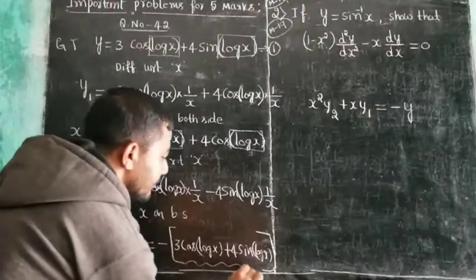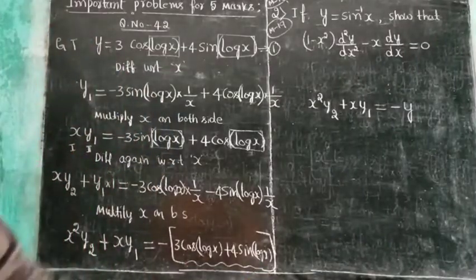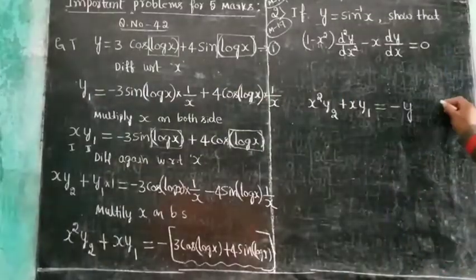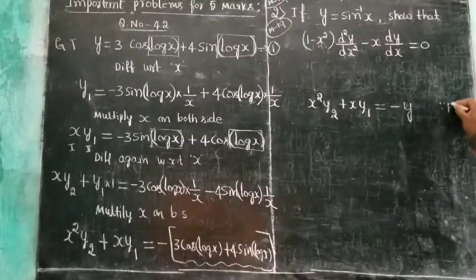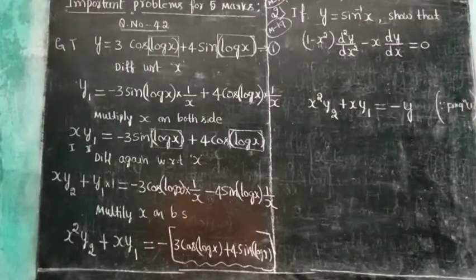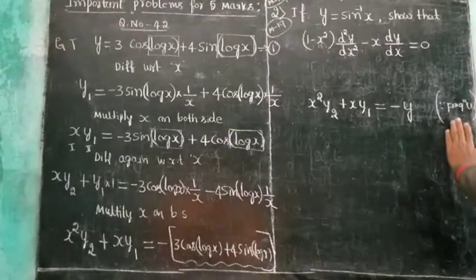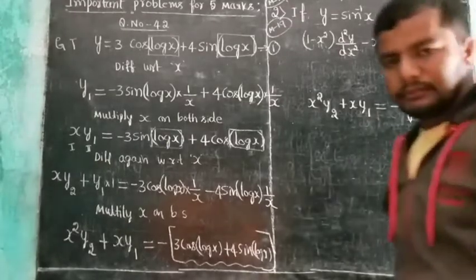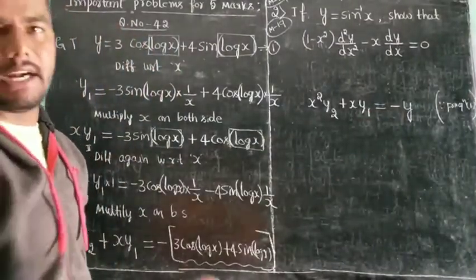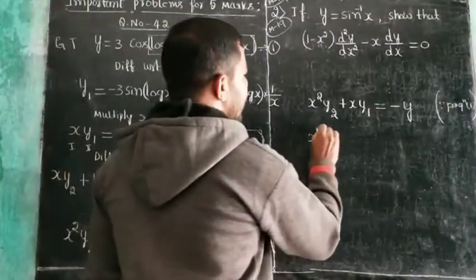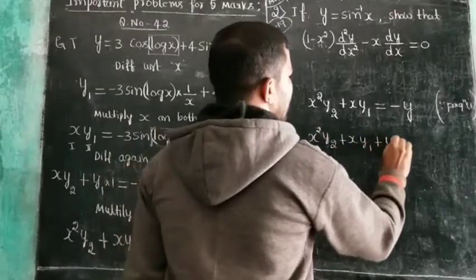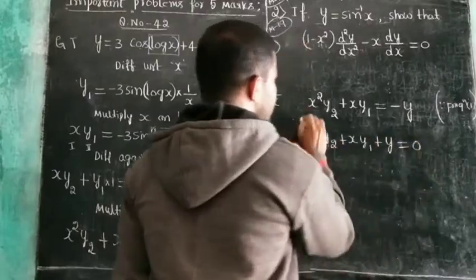This whole term can be written as y because they are given, from equation 1. You must write from equation 1 here. And then for final result, take minus y to the left hand side. It becomes x square y2 plus x y1 plus y is equal to 0.